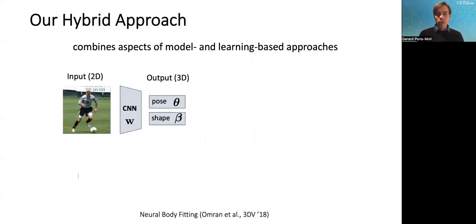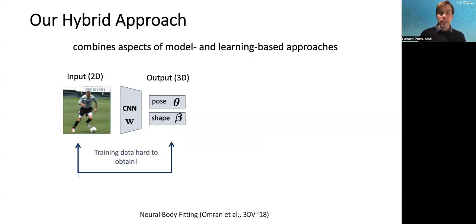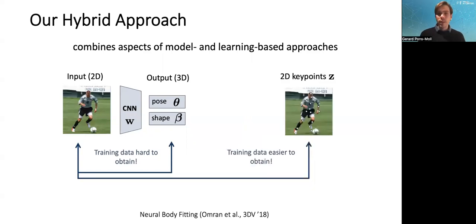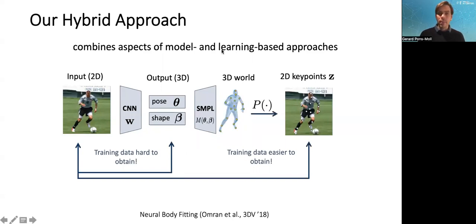So here what was proposed is basically, the authors realized, okay, this training data is hard to obtain. Key points are easy to obtain, and similar to HMR, they basically use the SMPL model as an intermediate representation of the 3D world, and then they project the 3D key points into the image and compare the 2D key points.